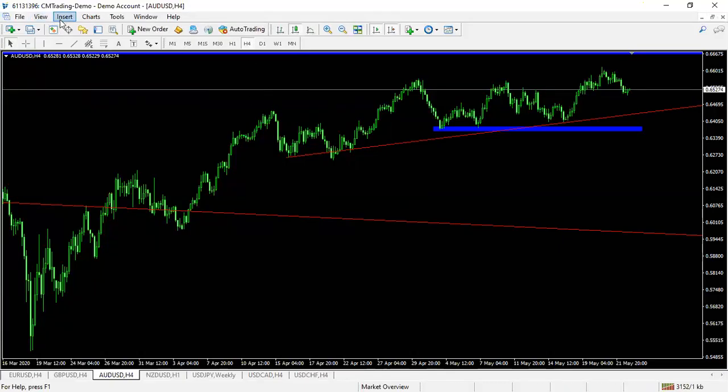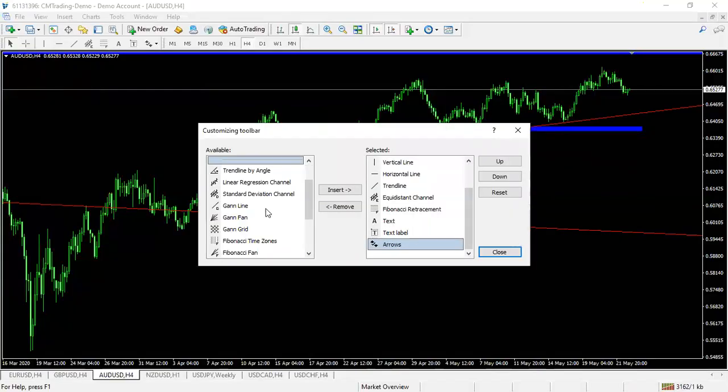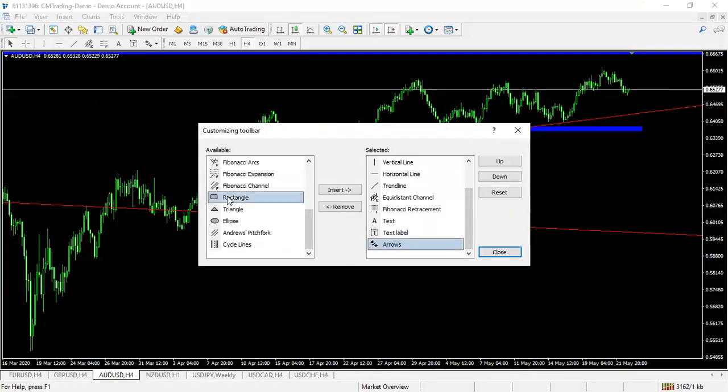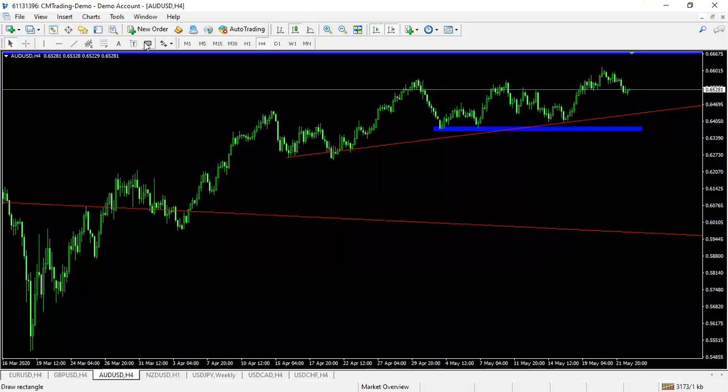So yeah, then to make it easy for you, could you just come to this point kwa this kaba ama whatever you call it, then right click hapa mwisho, okay, then customize, then come and look for your rectangle, then insert, then close. So that way itakuwa easily accessible kwa chart yako.